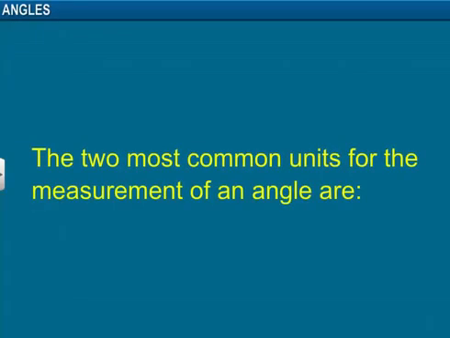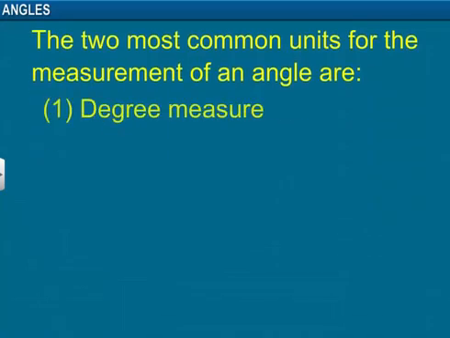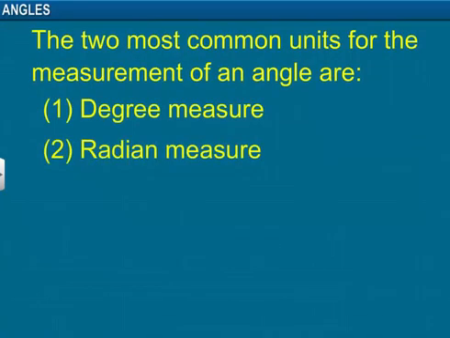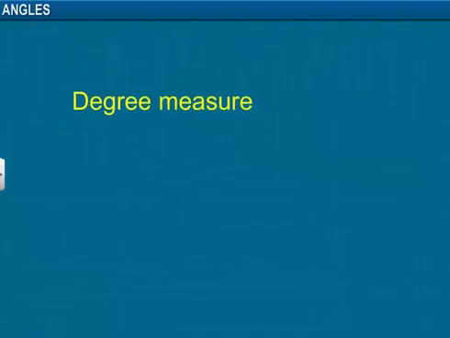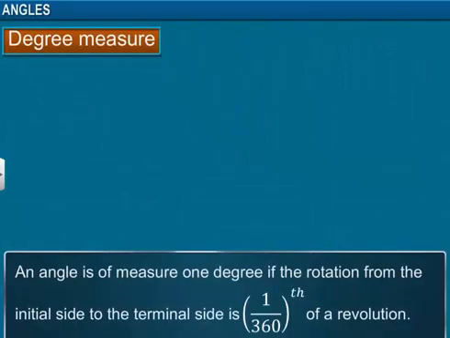The two units used most commonly for the measurement of an angle are degree measure and radian measure. First, let us discuss the degree measure. An angle is of measure 1 degree if the rotation from the initial side to the terminal side is 1/360th of a revolution.